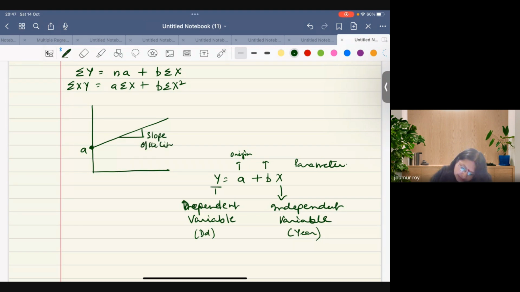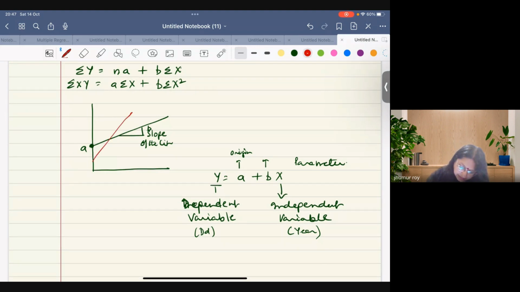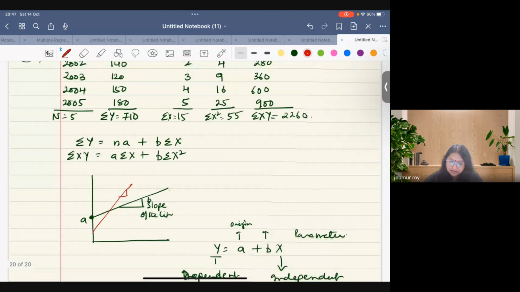Now how does it matter? If I've drawn one line like this and another line like this, naturally the rate of change is different. This is moving faster, this is moving slower. So that's why we need to calculate A and B. After we calculate A and B, we can get the equation of the line.